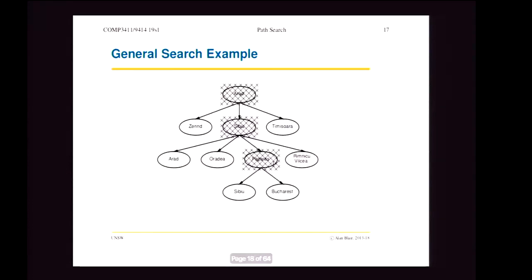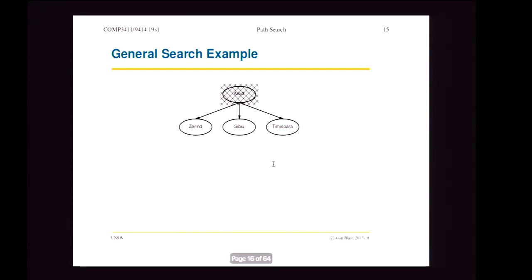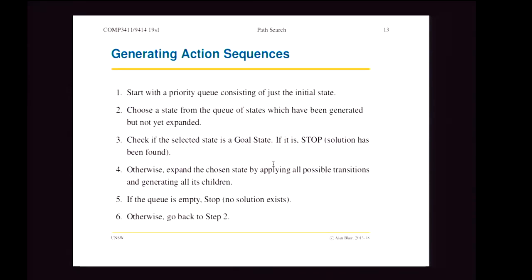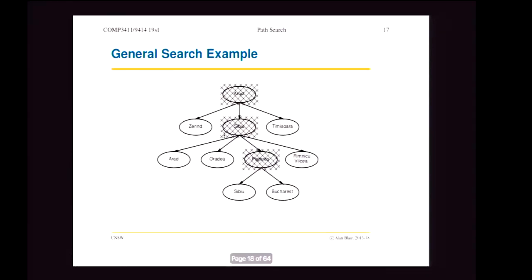Sometimes no path exists from the start state to the goal state, in which case eventually we expand every possible node and then we don't have anything left to expand. At that point we would stop and say, okay, there's no solution. Otherwise, we keep looping around until eventually we find a goal state. So this is the structure of all these search algorithms.